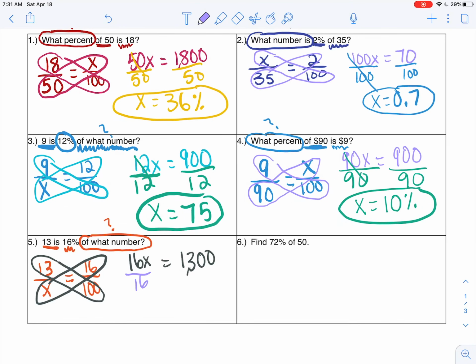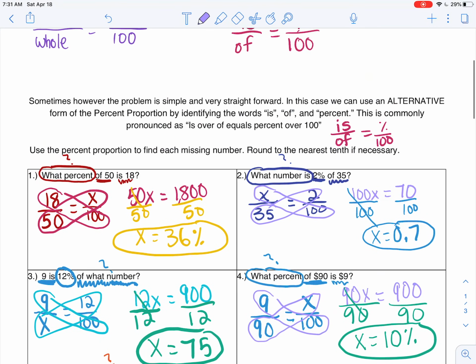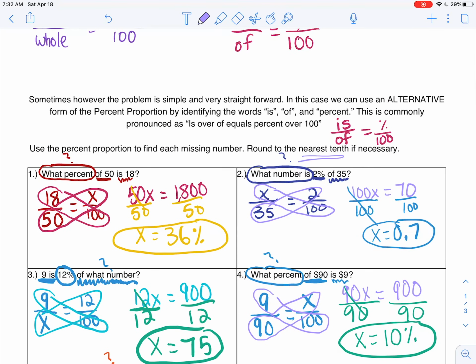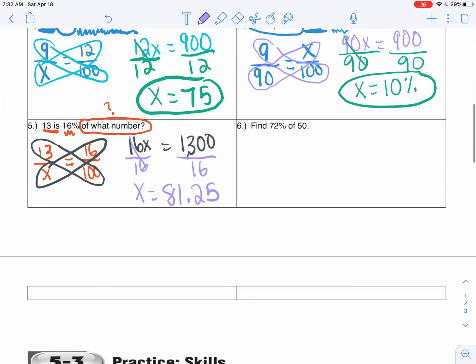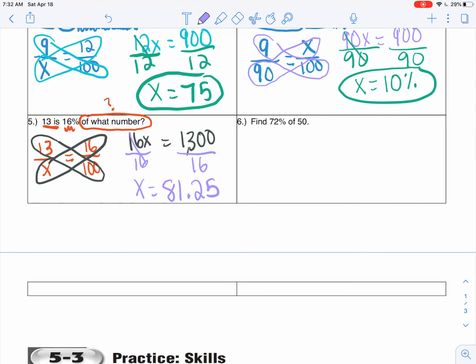And now we're going to divide by 16 on both sides. x equals, you should get 81.25. Now in the directions it says to round to the nearest tenth. So 81.25, the tenth is the first decimal spot. So x is equal to 81 point, since there's a 5 afterwards, we're going to round that 2 to a 3.